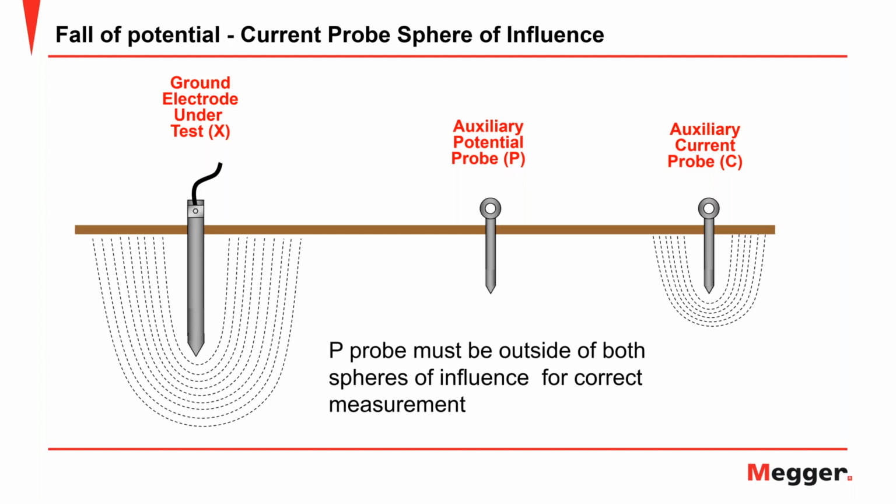Now, I should comment quickly that you can do this with either a 3 or a 4-terminal ground tester. And if you have a 4-terminal tester, the operator has the option of shunting that into a 3-terminal position and using 3 leads, or he can keep it in the 4-terminal position and run two leads, a current lead and a potential lead, over to your test ground.